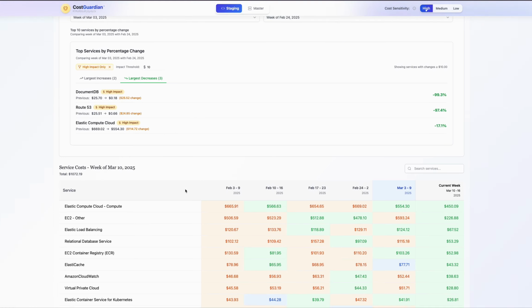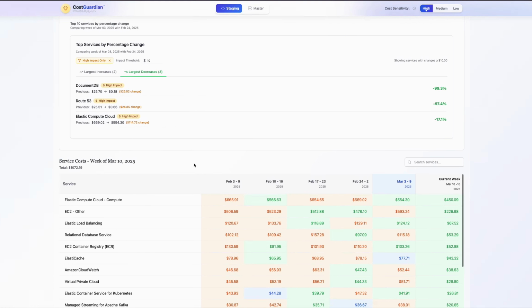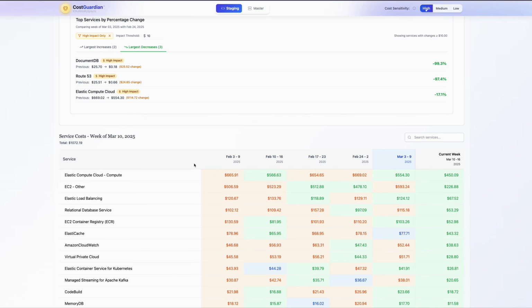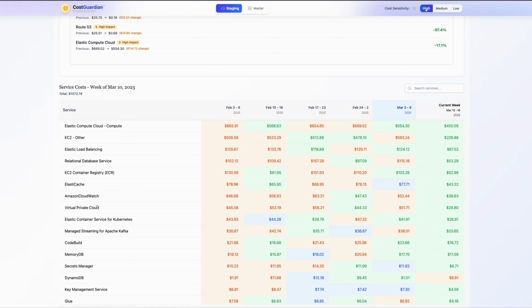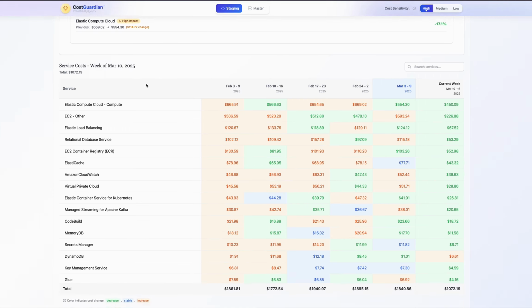Then coming to the service cost distribution graph, this is basically colorful tabular data that gives you a key idea about how the cost pattern for that particular service has been over the weeks. What we have done is use green for where the cost has been decreasing for that service, blue for where the cost has been stable, and orange for where the cost has been increasing.